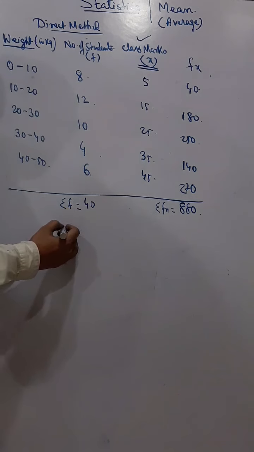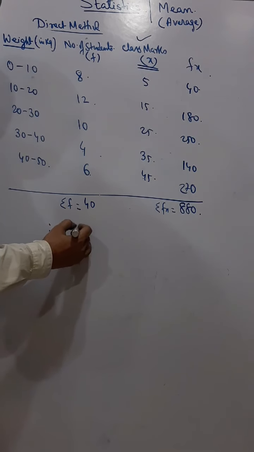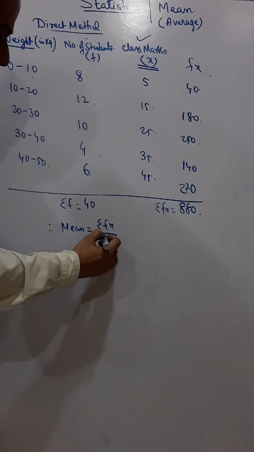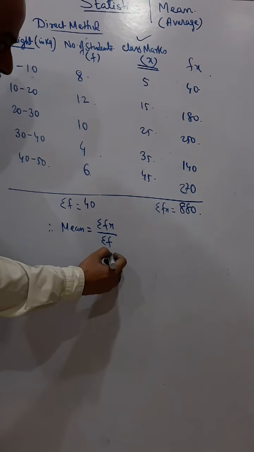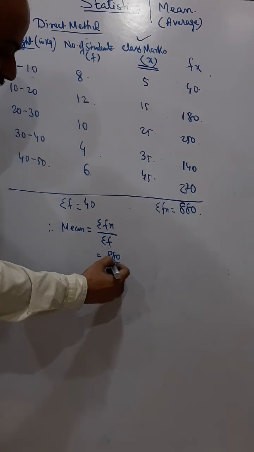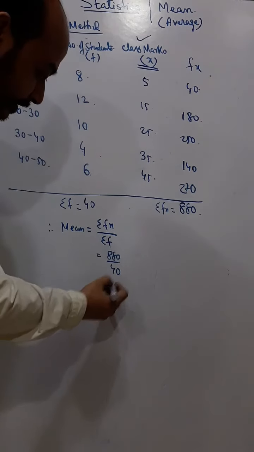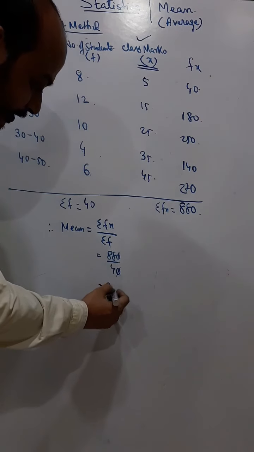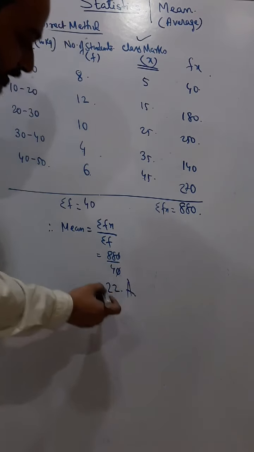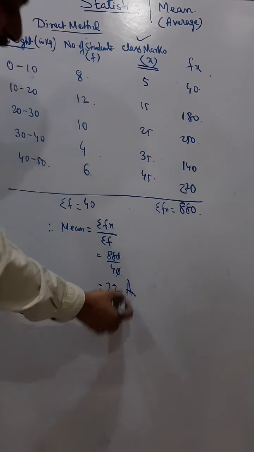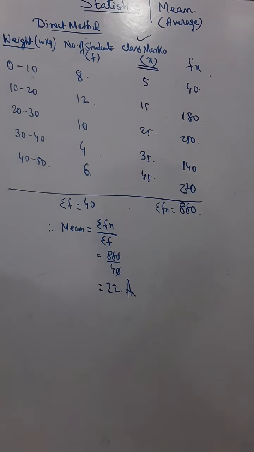Finally, mean is equal to sigma fx by sigma f, and that is 880 by 40. You get the answer as 22. Answers may come in decimals also, so you should always write correct to at least 2 decimal places. So this is the direct method.